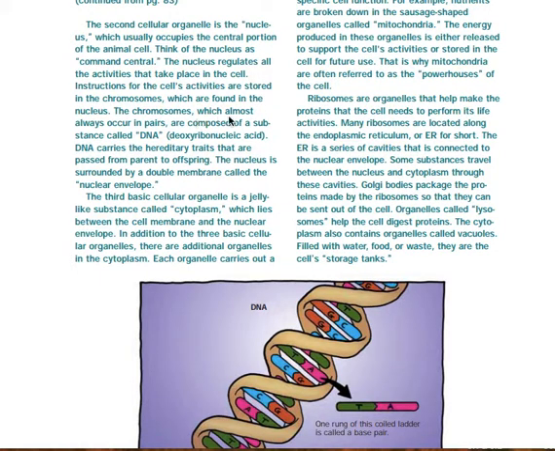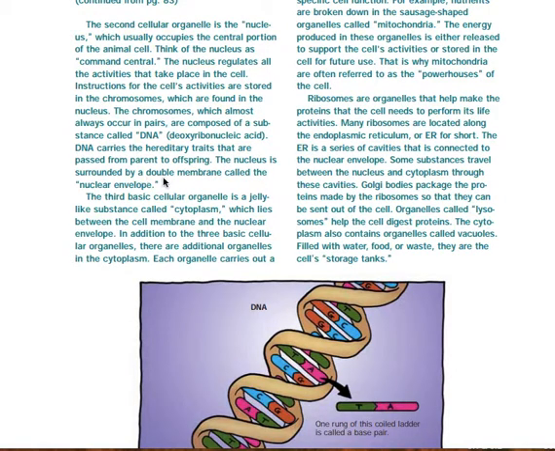The chromosomes, which almost always occur in pairs, are composed of a substance called DNA, deoxyribonucleic acid. DNA carries the hereditary traits that are passed from parent to offspring, so from mom to baby.